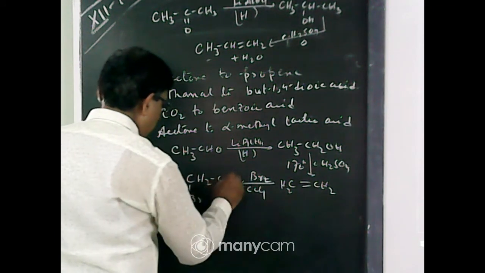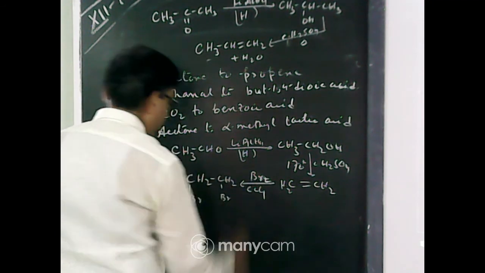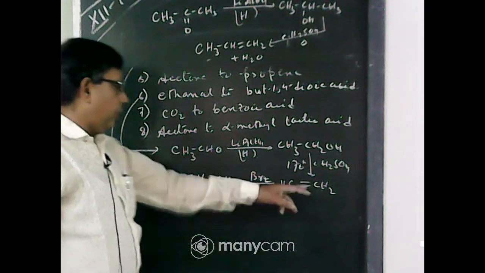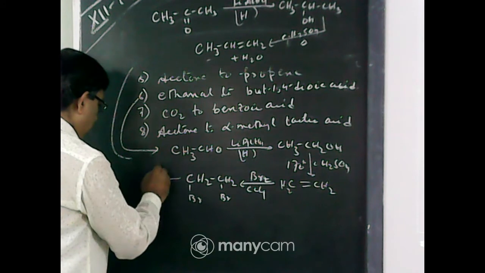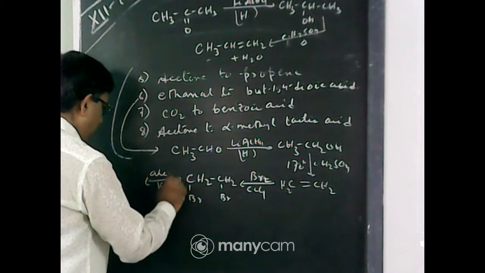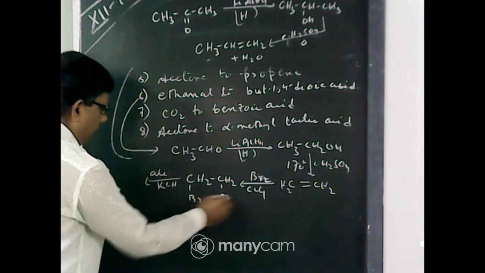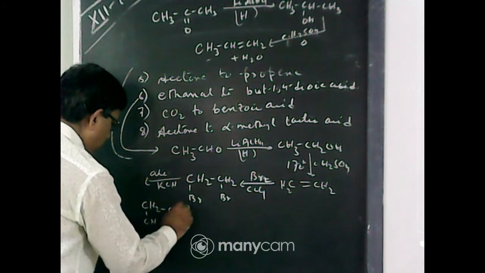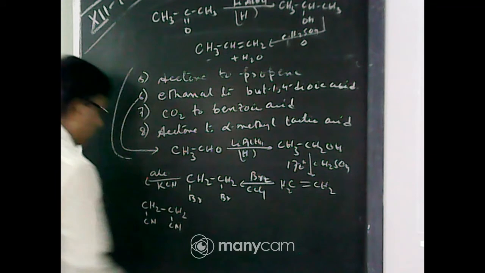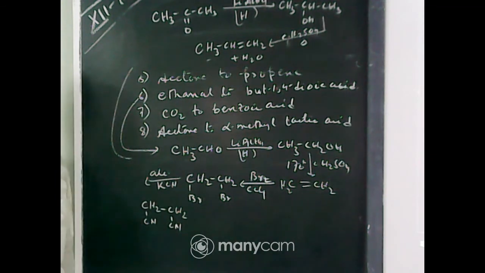The product is CH2Br-CH2Br, with a Br added to each carbon, an addition reaction. Now treat with alcoholic KCN, potassium cyanide. The Br is replaced by CN, giving CH2CN-CH2CN, a nucleophilic substitution reaction.